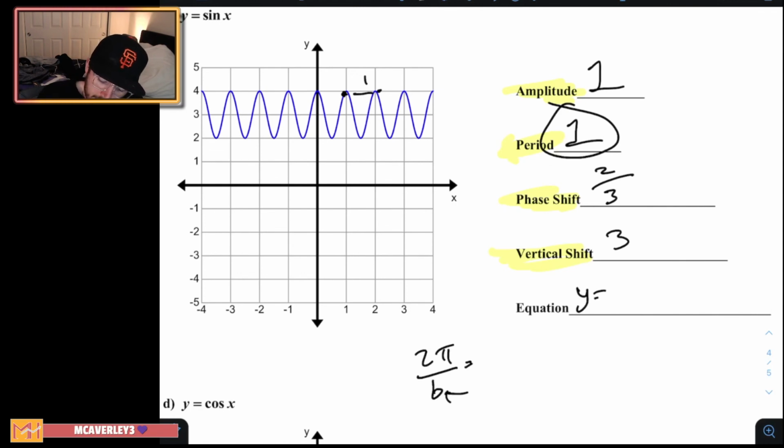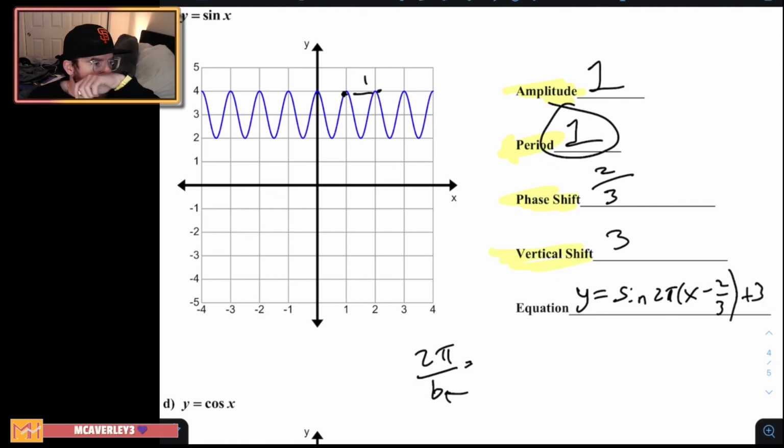So y equals, our amplitude's 1, so it doesn't matter, sine of 2 pi times x minus 2/3, I guess it looked like, and then plus 3. Clearly, this is not an exact science, right?